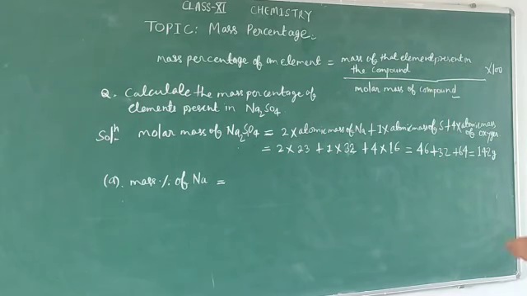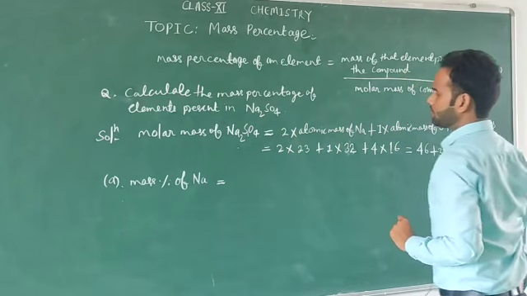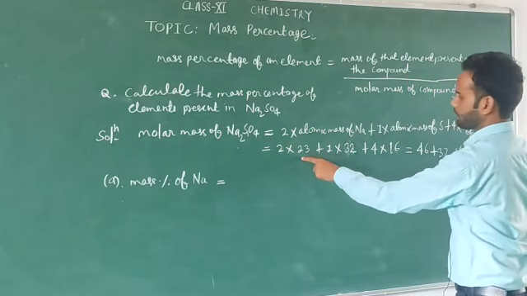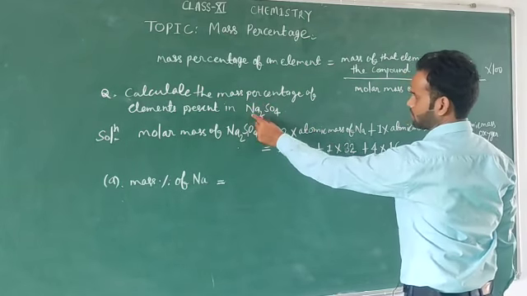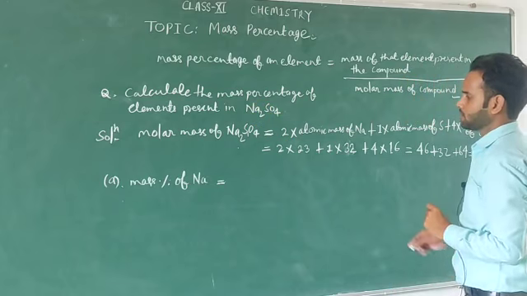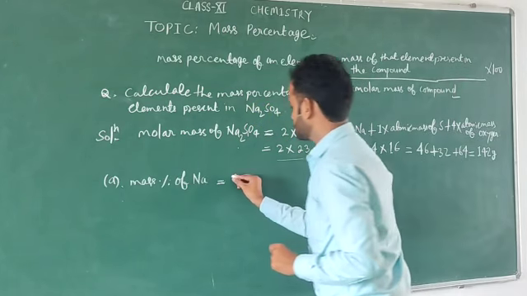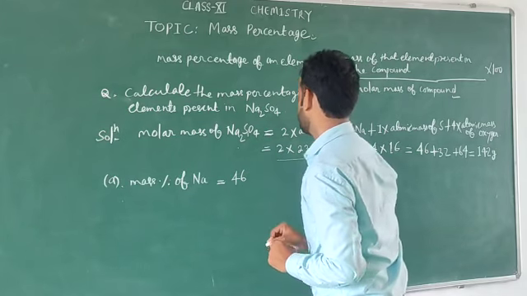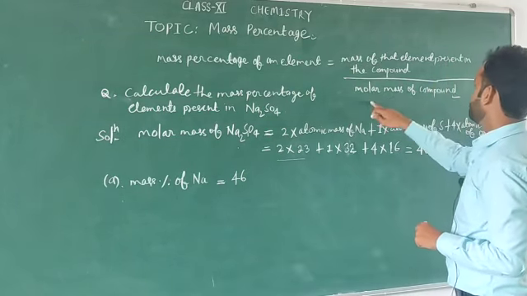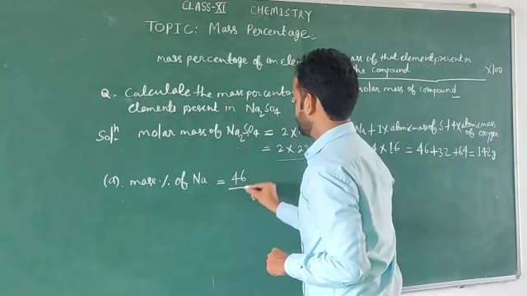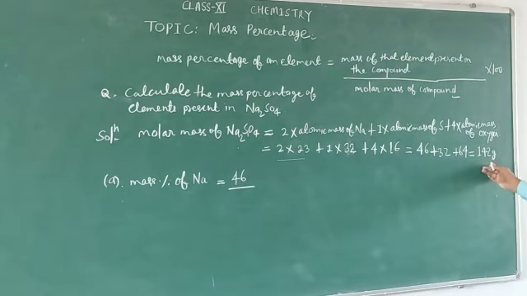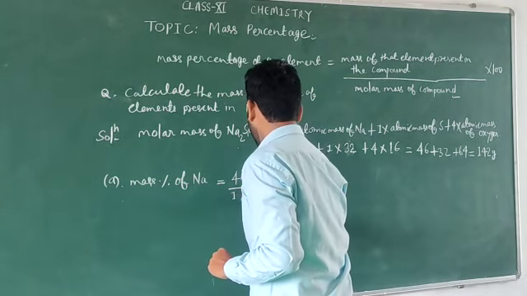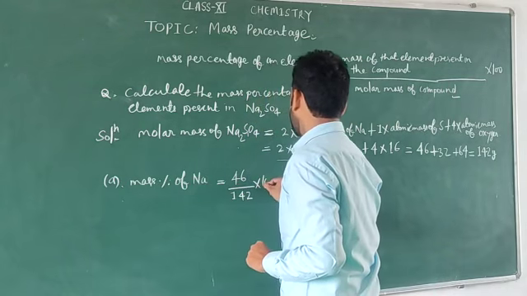Because the mass of one sodium atom is 23 and there are 2 atoms of sodium, it will be 2 times 23, that means 46, divided by the molar mass of the compound, which we calculated as 142 grams, times 100.